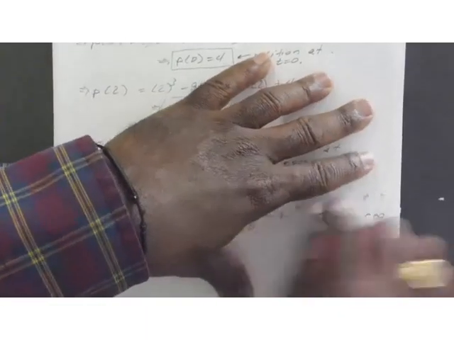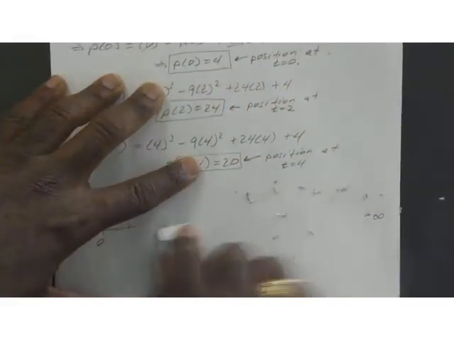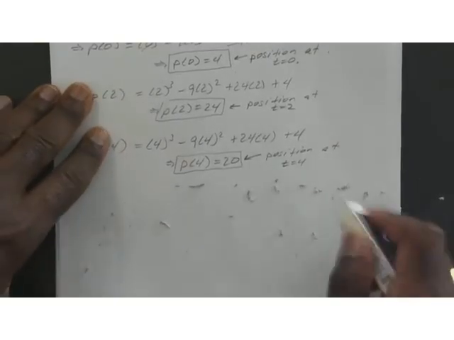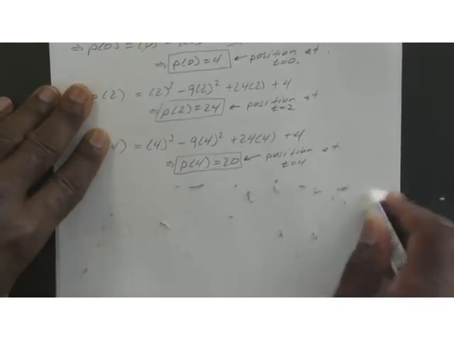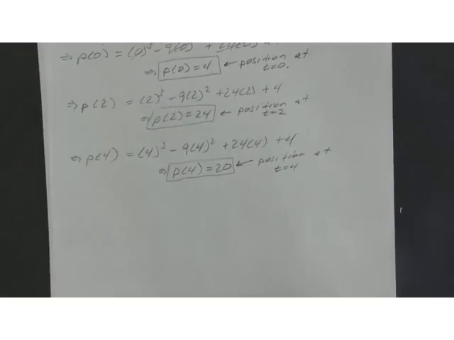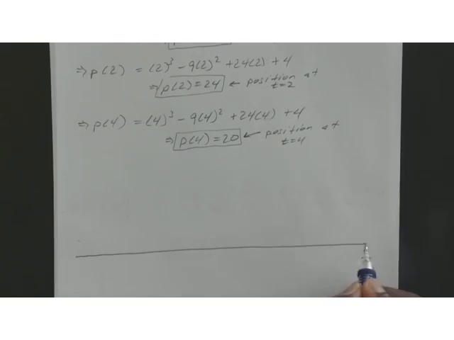You don't have to rewrite anything. I just want to make sure it's not running into the equations or the functions up top. There we go. And that ought to be plenty of room.